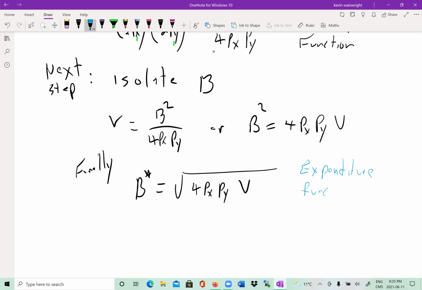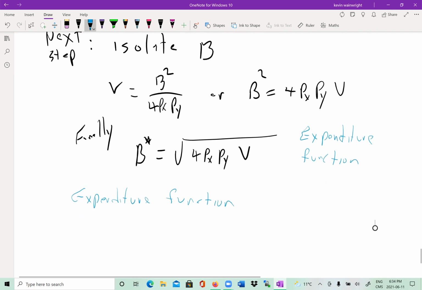Okay, and the expenditure function answers a very different question. So the utility function tells me the maximum utility I would get given the budget and prices I face.